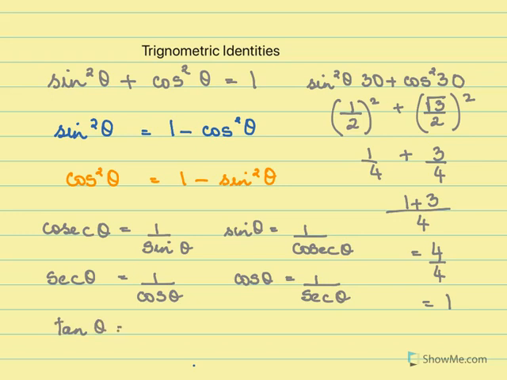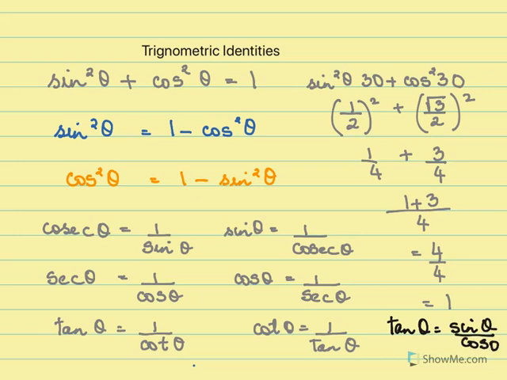Tan theta equal to 1 by cot theta, and cot theta equal to 1 by tan theta. Two more you need to remember: tan theta can also be written as sine theta over cos theta, and cot theta can be written as cos theta over sine theta.